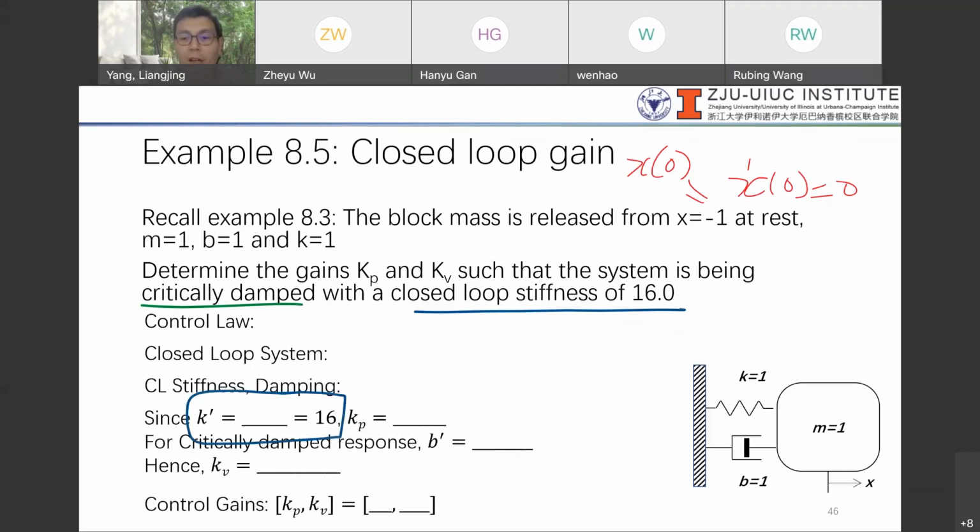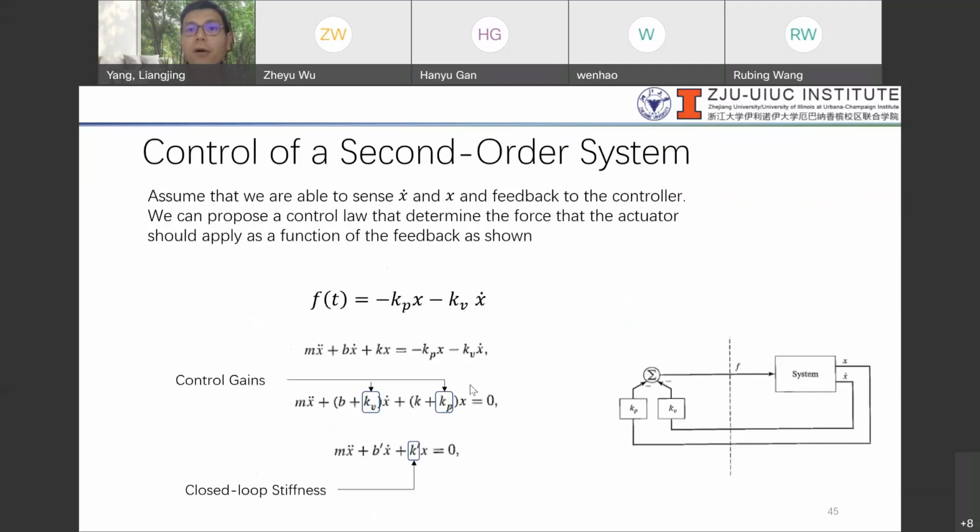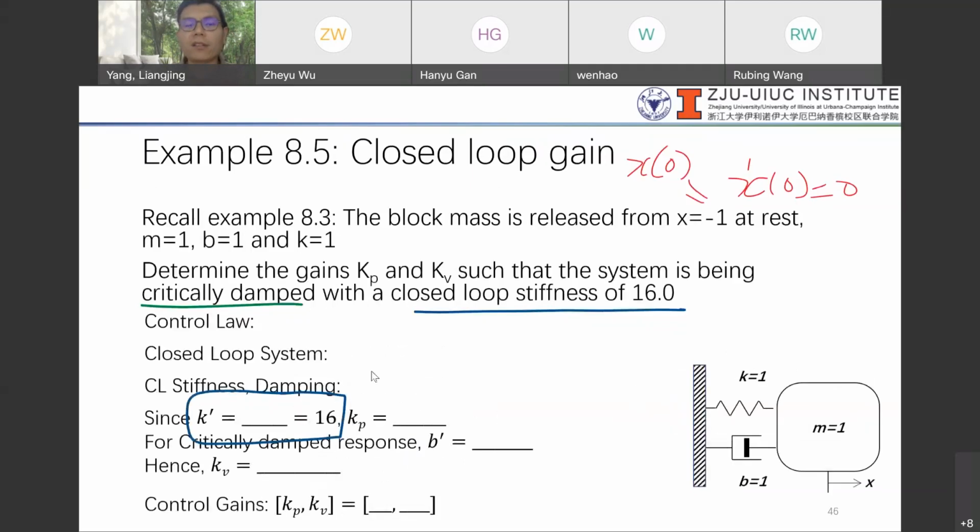All right, remember this K prime, our closed loop stiffness, is actually K minus Kp, right? If we see what we worked out here, sorry, K plus Kp. And this is a minus sign here, you bring over. All right. Yeah, previously I made a mistake in the writing as well.